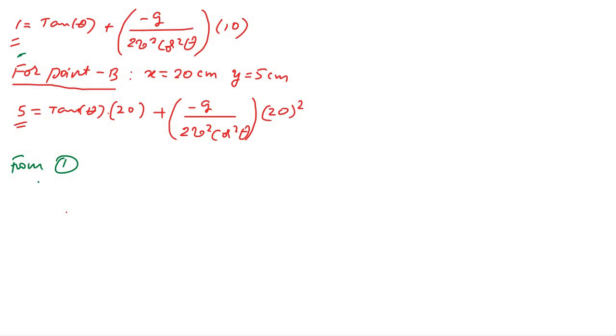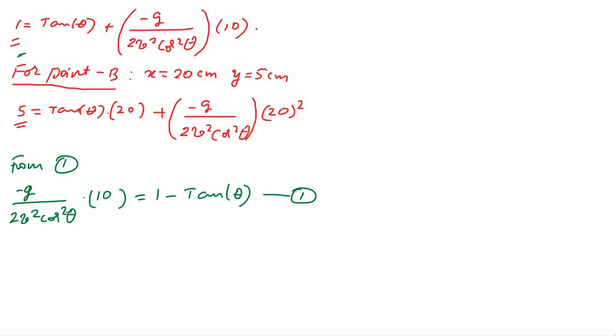So from 1, I can write minus g divided by 2 times v square cos square theta, it's quite easier, multiplied by 10, which equals 1 minus tan theta. This is my first equation. I got this from this stuff, so from here I have written this one.